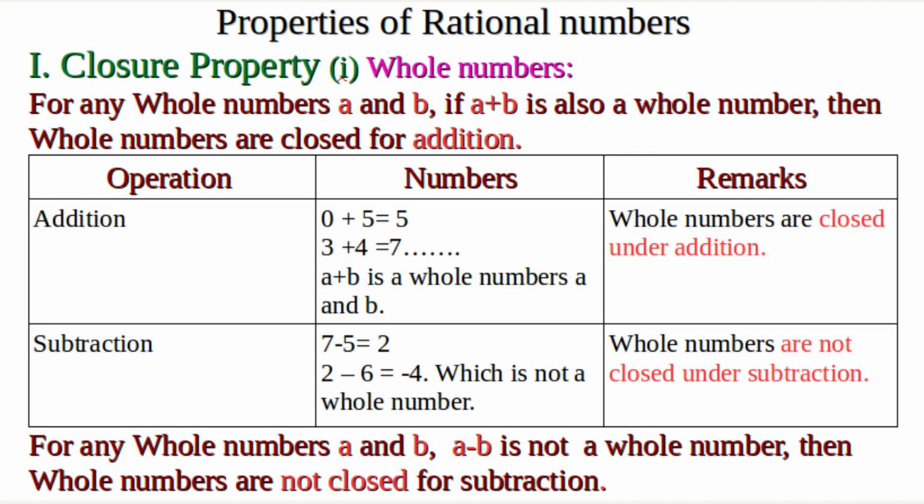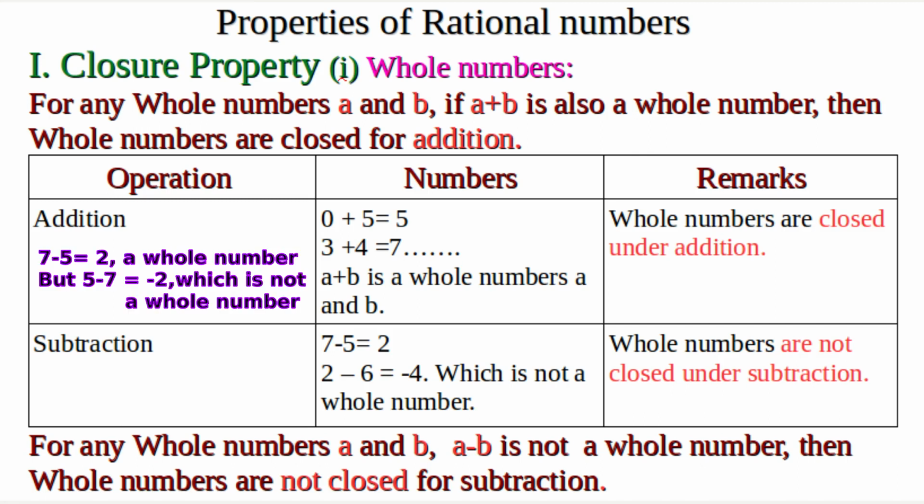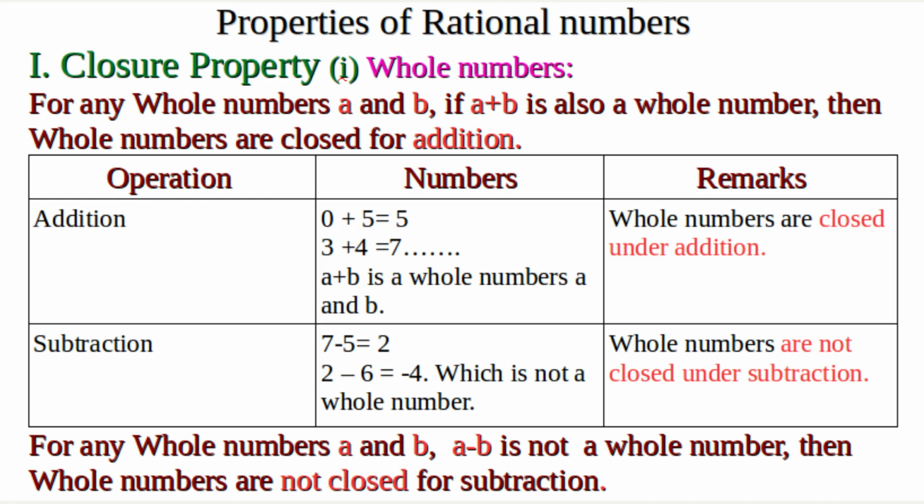The numbers 0 and 5. 0 plus 5, the answer is 5. 3 plus 4, 7. 10 plus 20, answer is 30. That means if we add two whole numbers, the answer is also a whole number. So we can say the conclusion: whole numbers are closed under addition.